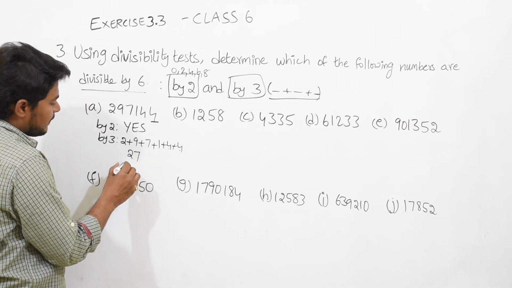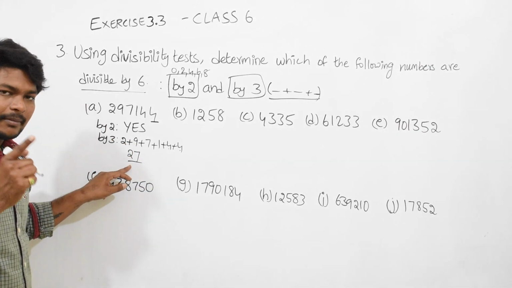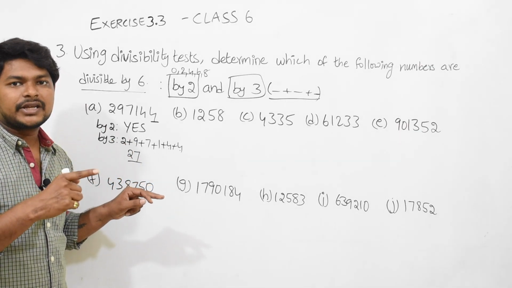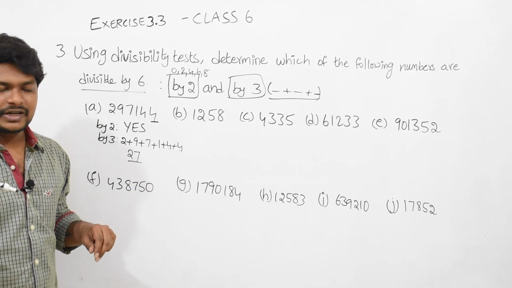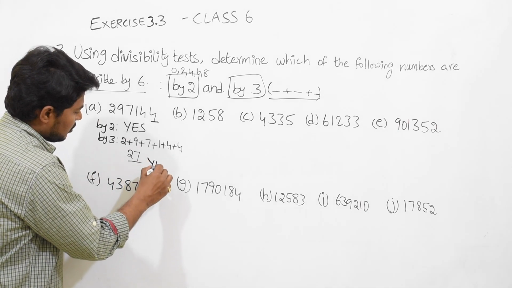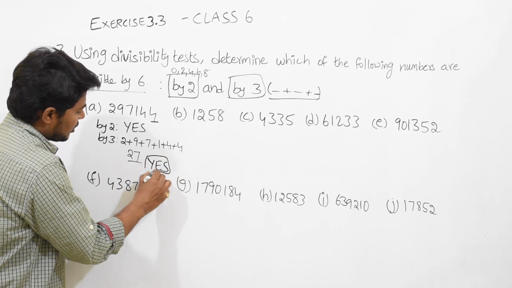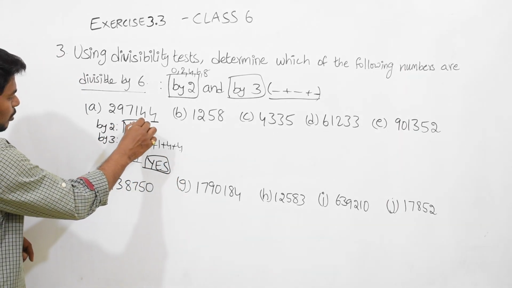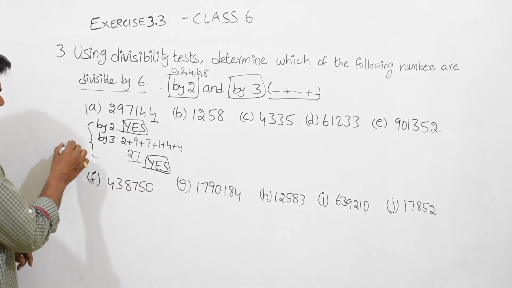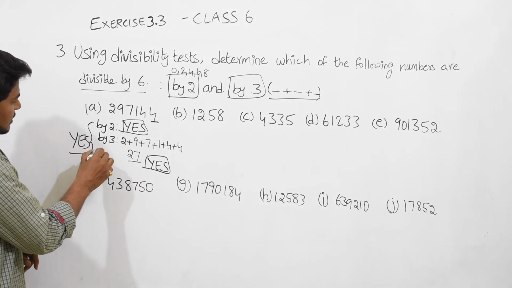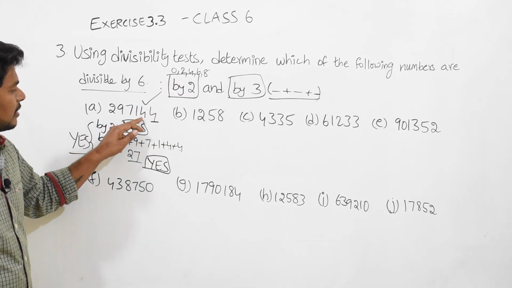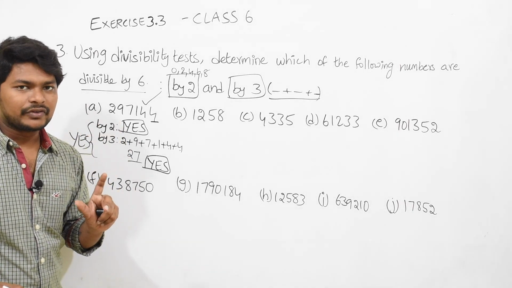So this 27 will come in the 3 table or not? Yes, 3 into 9 is equal to 27. So this is also divisible by 3. So if both are yes, then we can say yes, it is divisible by 6. That is what we need to do.